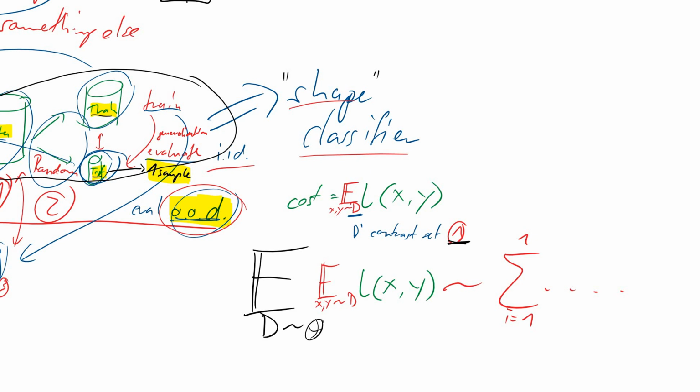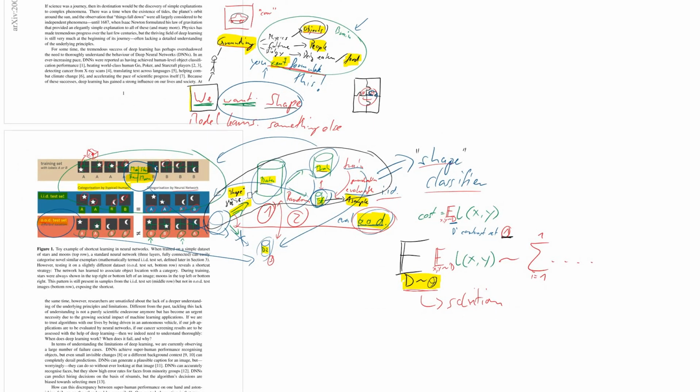What you'd have to do is have this entire process and sample train and test sets, or at least test sets, according to this underlying data distribution, which you have no clue what it is, because if you could specify this directly, you could get the solution for free. If you could specify the underlying mechanism, you would already know the solution. You wouldn't need machine learning.